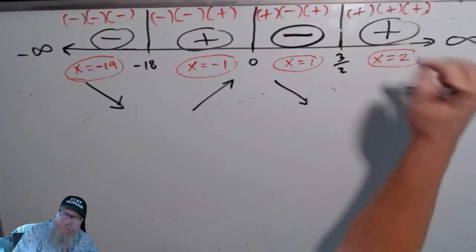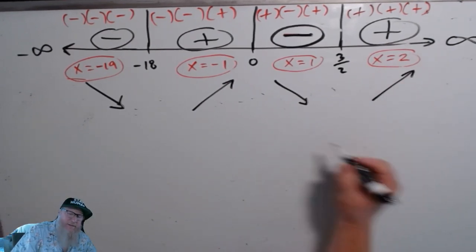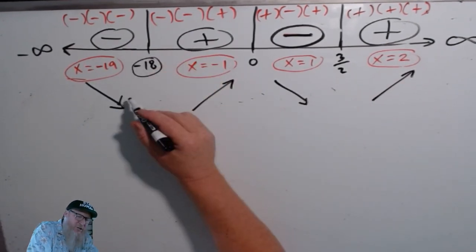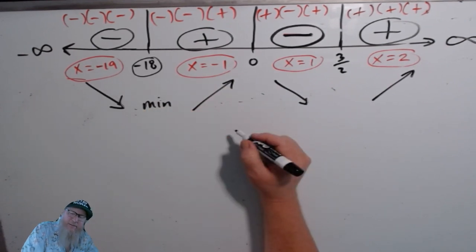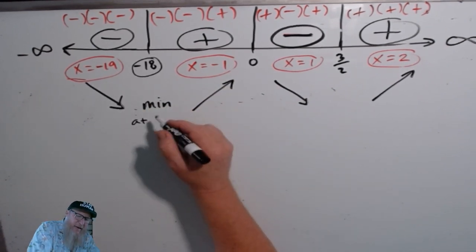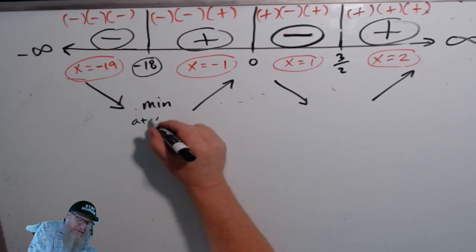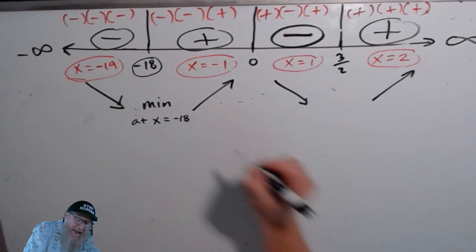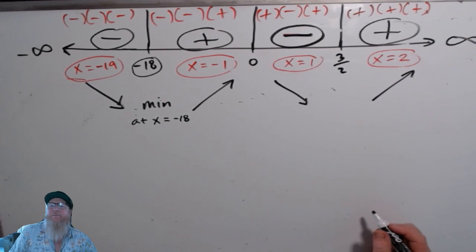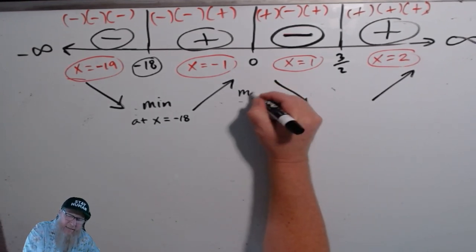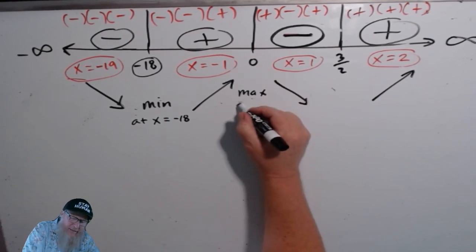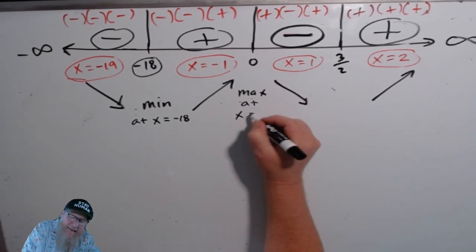I tested, I got a positive, so it's increasing. If it's changing from negative to positive, it's called a min. Now, the min is not 18. The min is at negative 18. And then this is a max. And again, the max is not 0. The max is at 0.